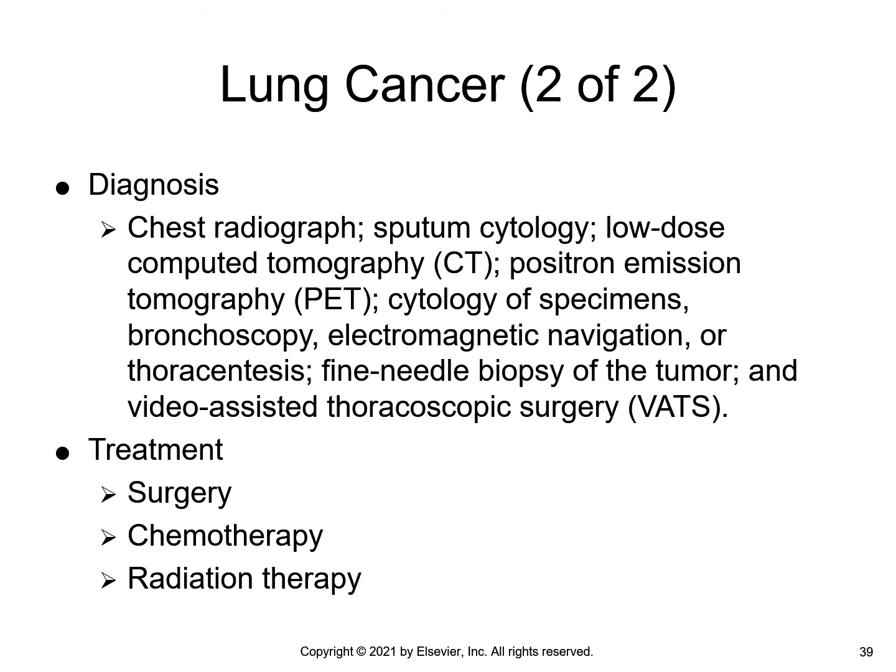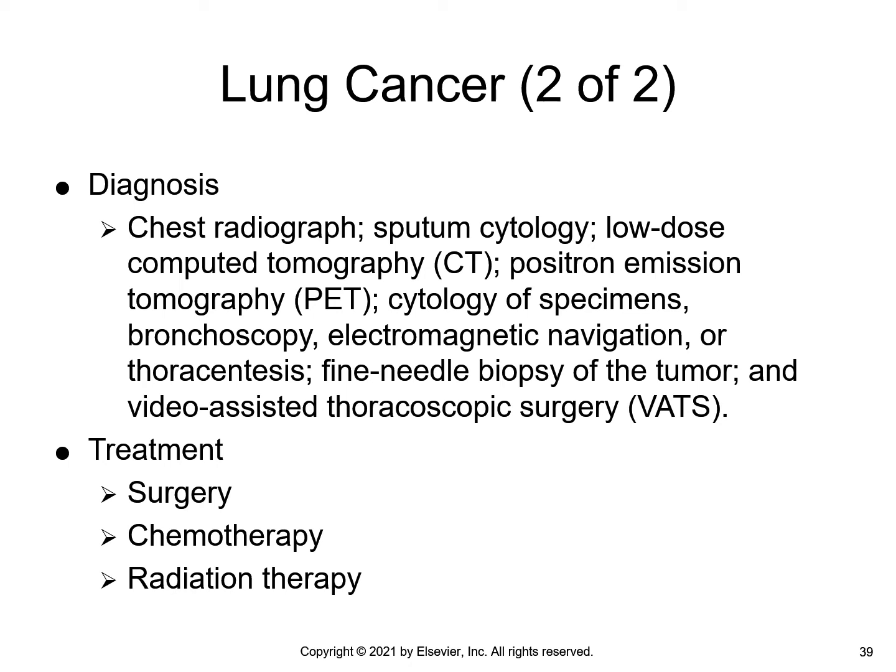Treatment is based on the type of cancer, small cell or non-small cell, and its stage. Surgical procedures can include a wedge resection, where a small area of the lung is removed, a segmental resection, removal of lung tissue and surrounding blood vessels and bronchioles, a lobectomy, removal of an entire lobe of the lung, and pneumonectomy, an entire lung removal.